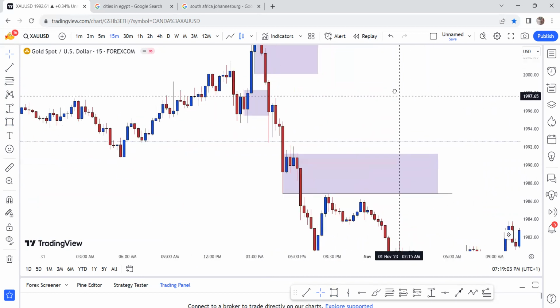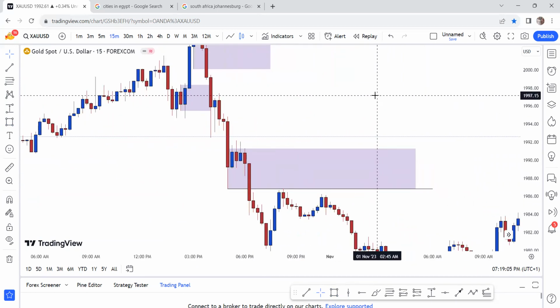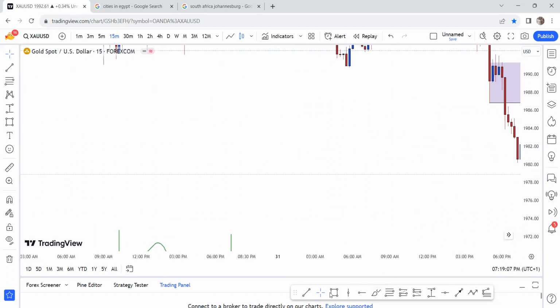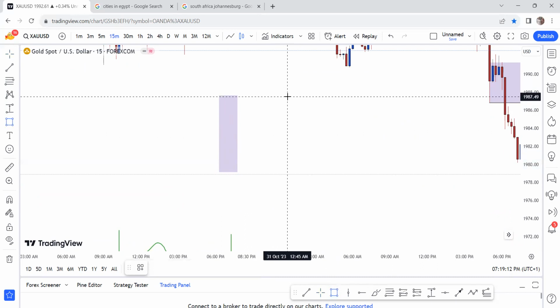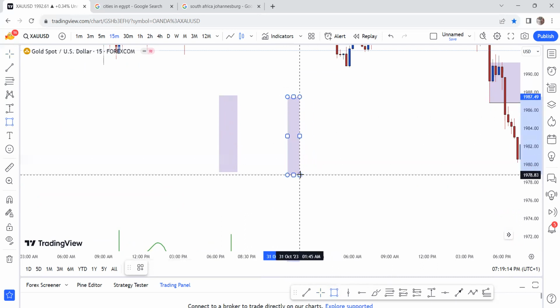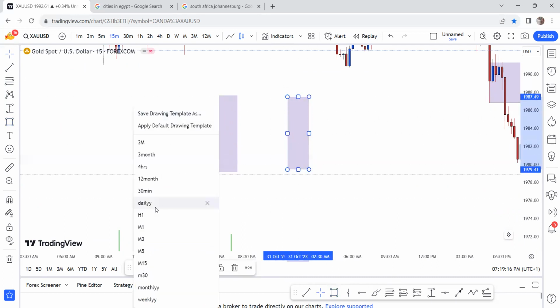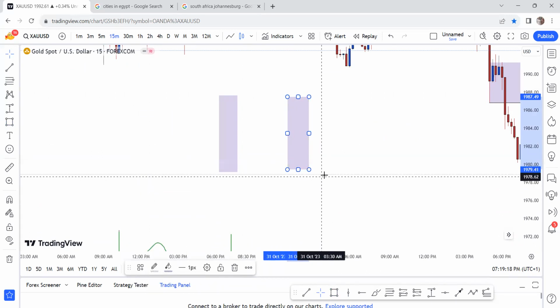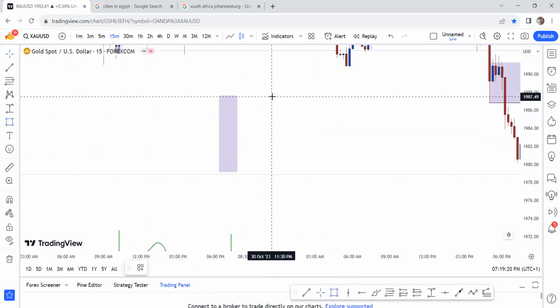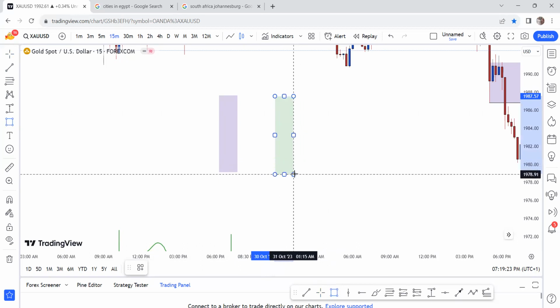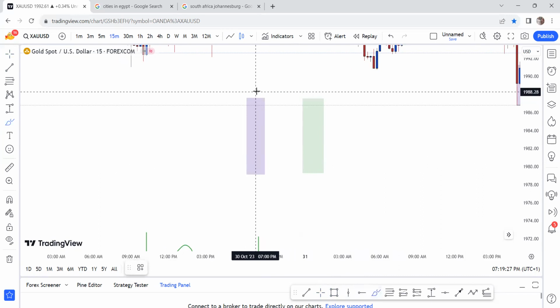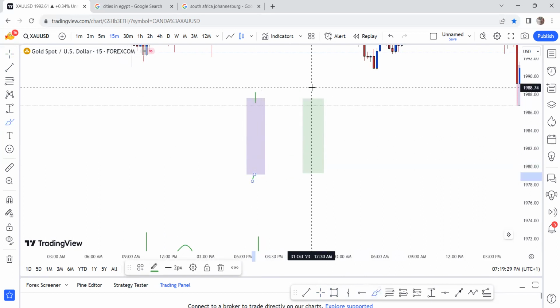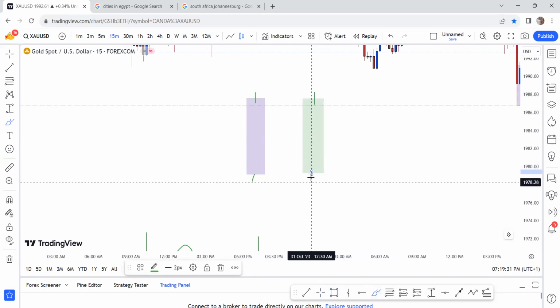Now, the essence of waiting for an engulfing to form, let me explain. This is a buy, this is a sell candle, and this is a buy candle.